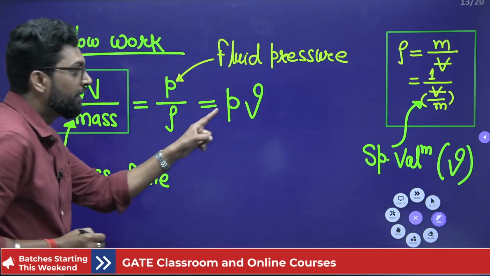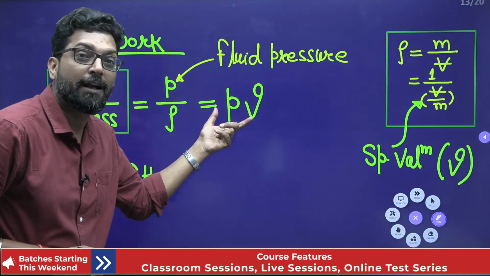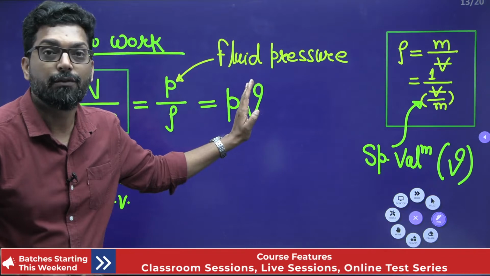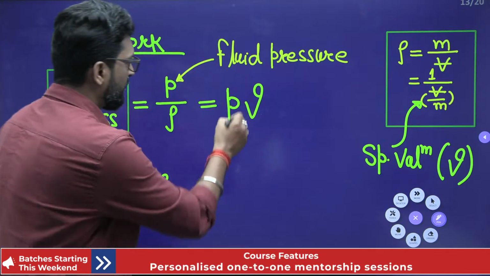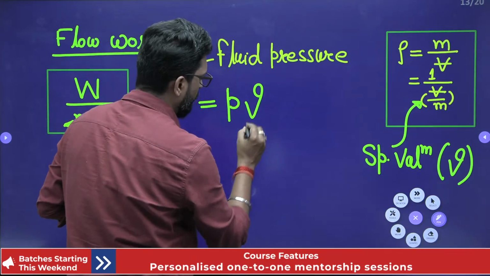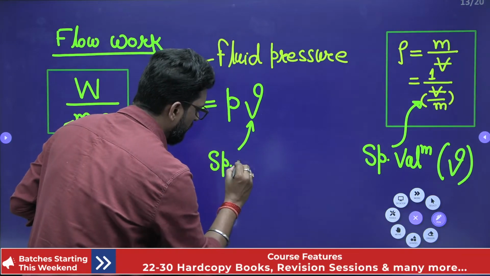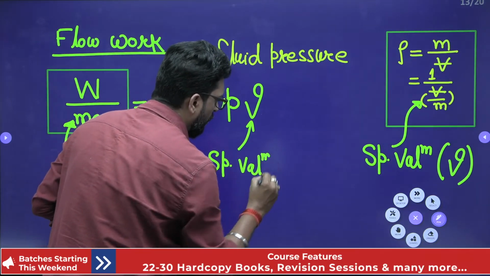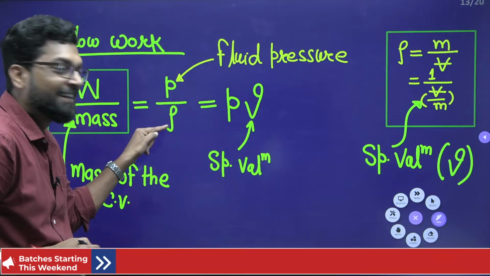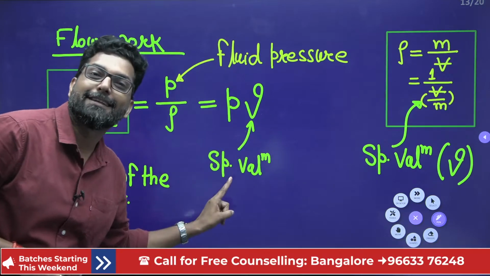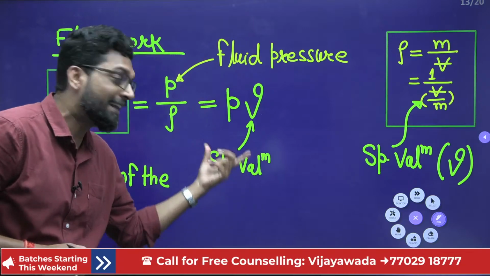That means see the beauty. Pressure into specific volume. This you will always see, you have already seen in fluid mechanics. Pressure into volume. This is your specific volume, small v. So P by rho is used in fluid mechanics, and P into specific volume is used frequently in thermodynamics.